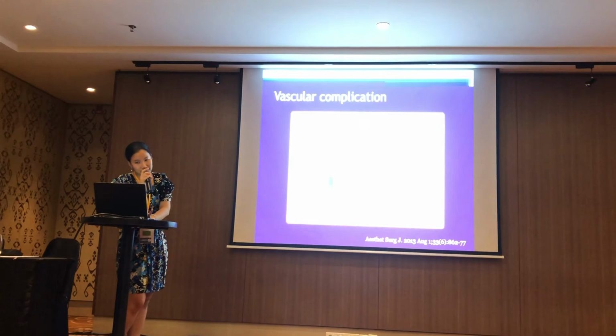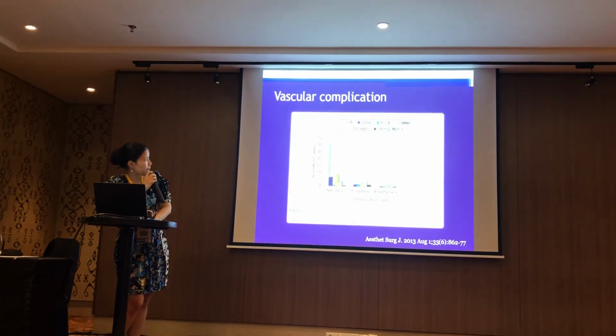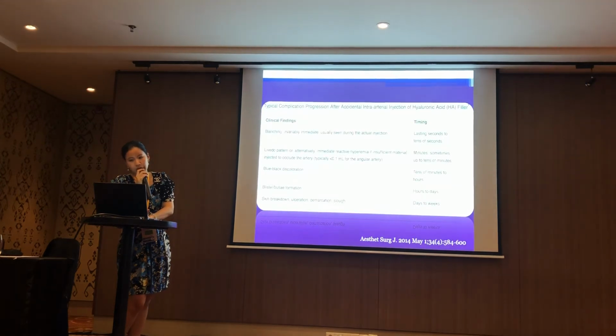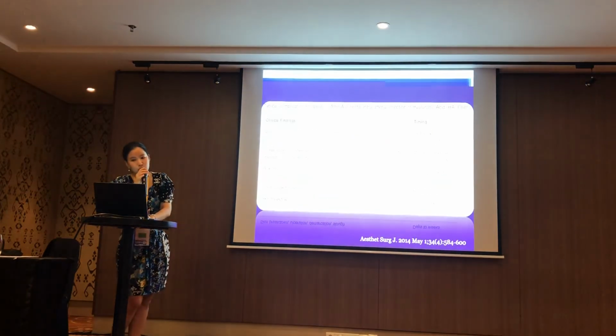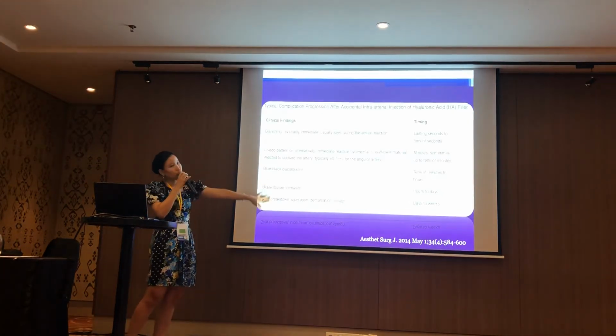For the blindness, this is emphasizing that the more filler that has been used, the more it can cause blindness. Okay, this is the progression of the complication. It starts from seconds to weeks.